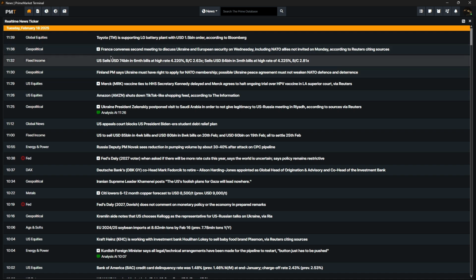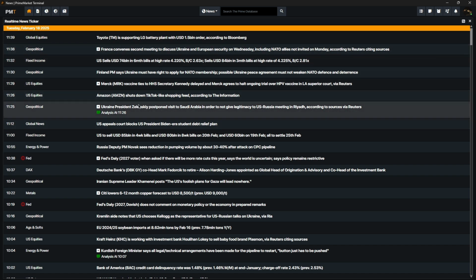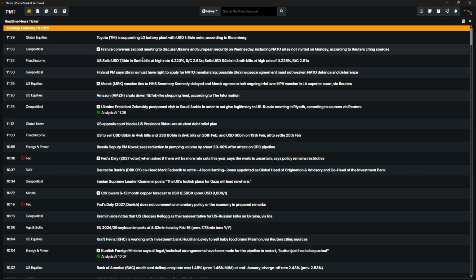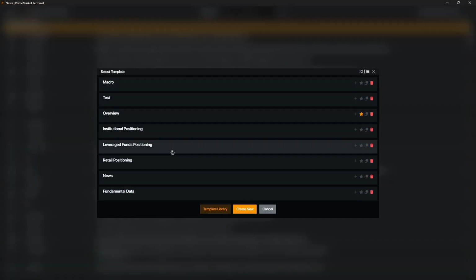So I kind of use this news tab as a way to see what's happening in the world, what's moving the markets and so forth, because at the end of the day, the markets move intraday a lot based on these small news events that are taking place, that people look at, they make sure they execute this and that and whatnot, right? So that's kind of the news section. I use this a lot. I use it every day, and yeah, one of my favorite tabs in this. Next, we have fundamental data.